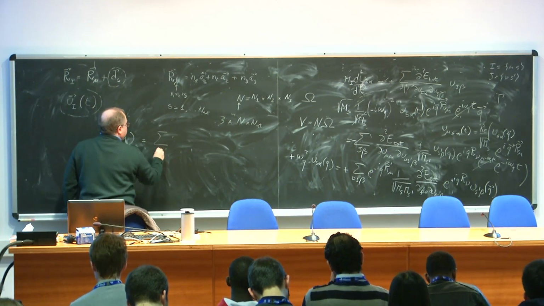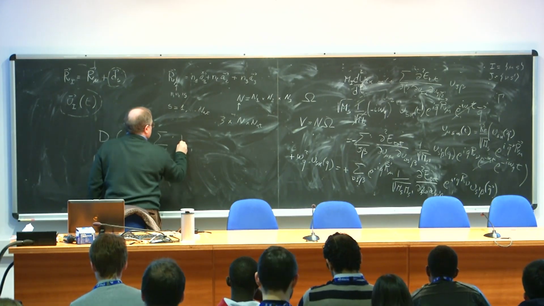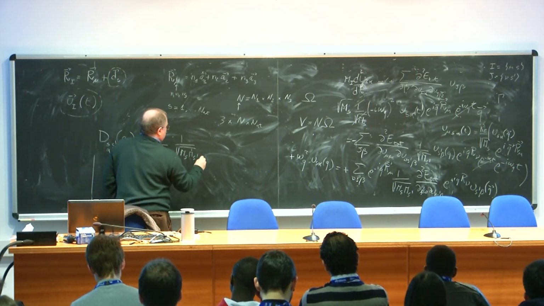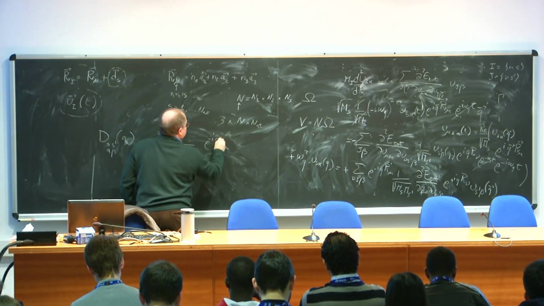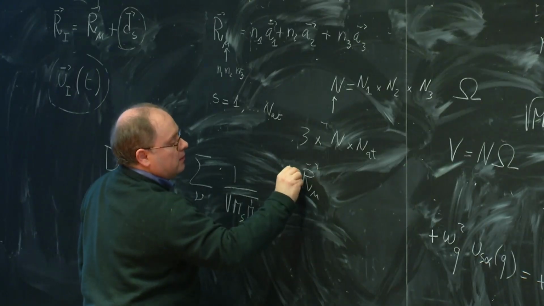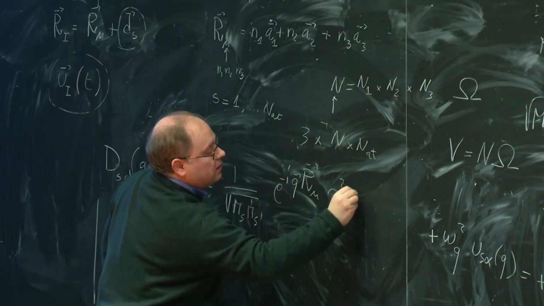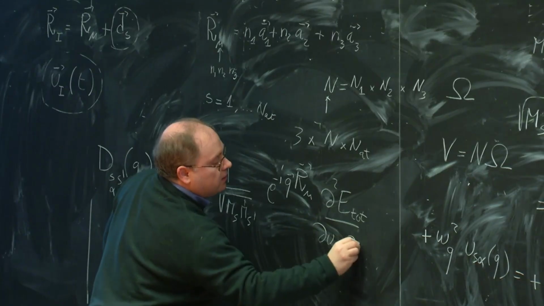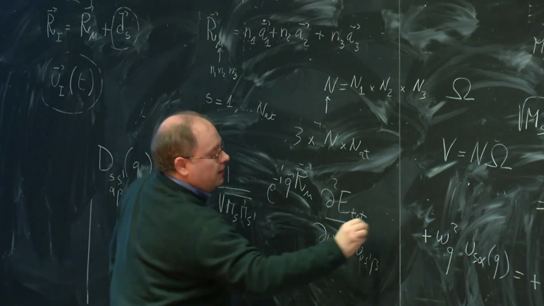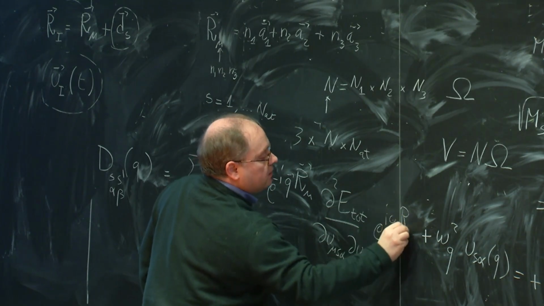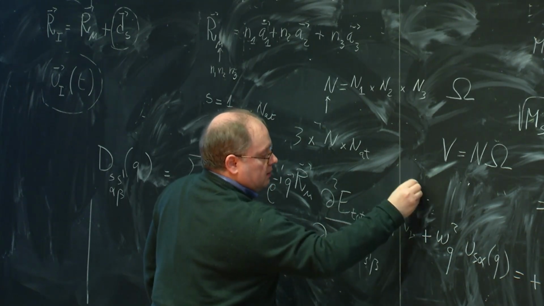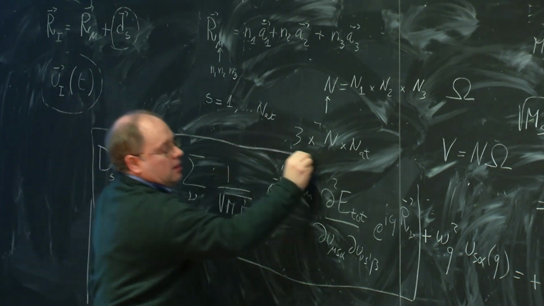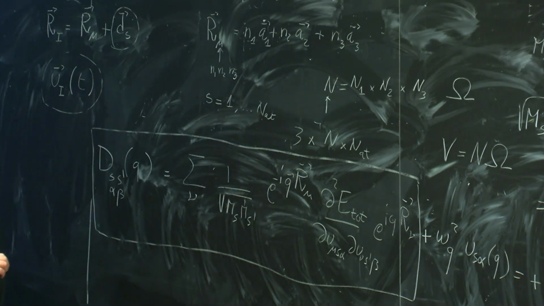And it is a sum over nu of the square root of the masses, e to the minus I Q r mu, the interatomic force constant with respect to U mu S alpha, U mu S prime beta, and the phase e to the I Q r mu. This is our most important result so far.